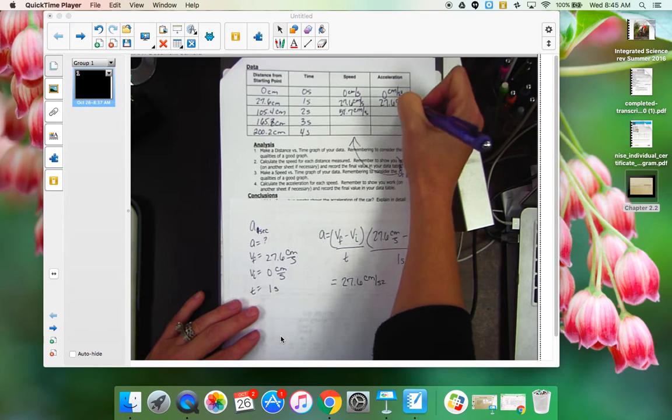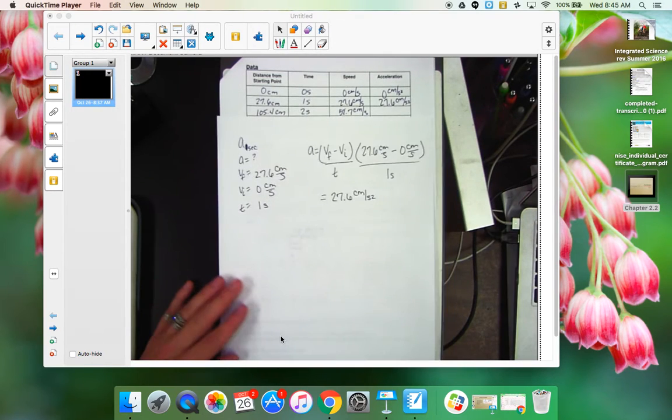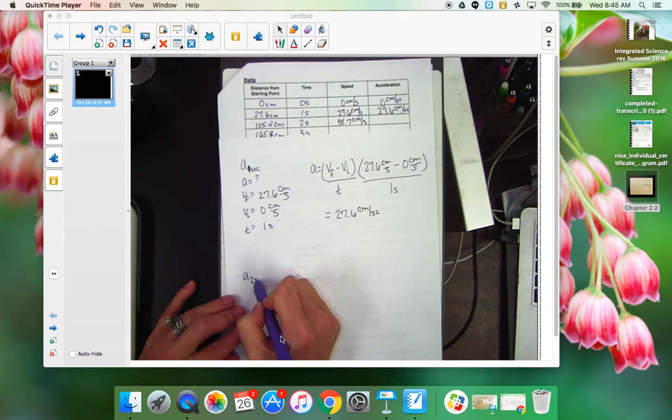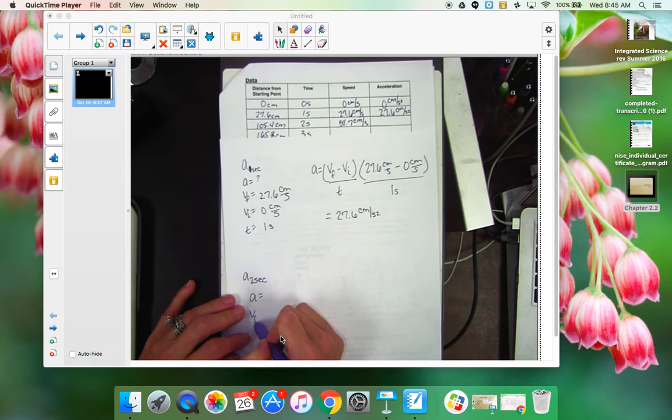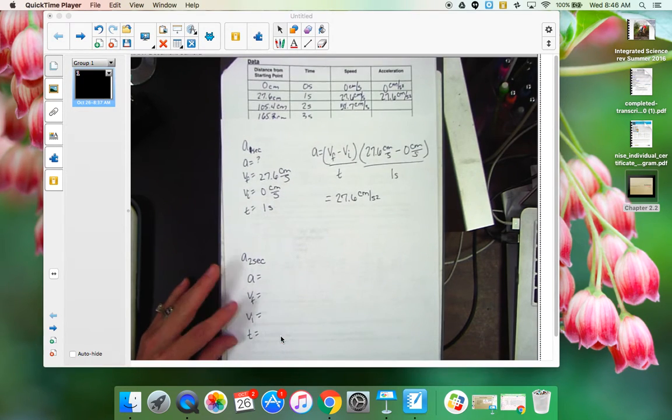Okay, first couple are easy. So now we need to go to 2 seconds. Okay, please note how I am taking the time to identify my variables. You guys should be doing that same thing through all of this work.